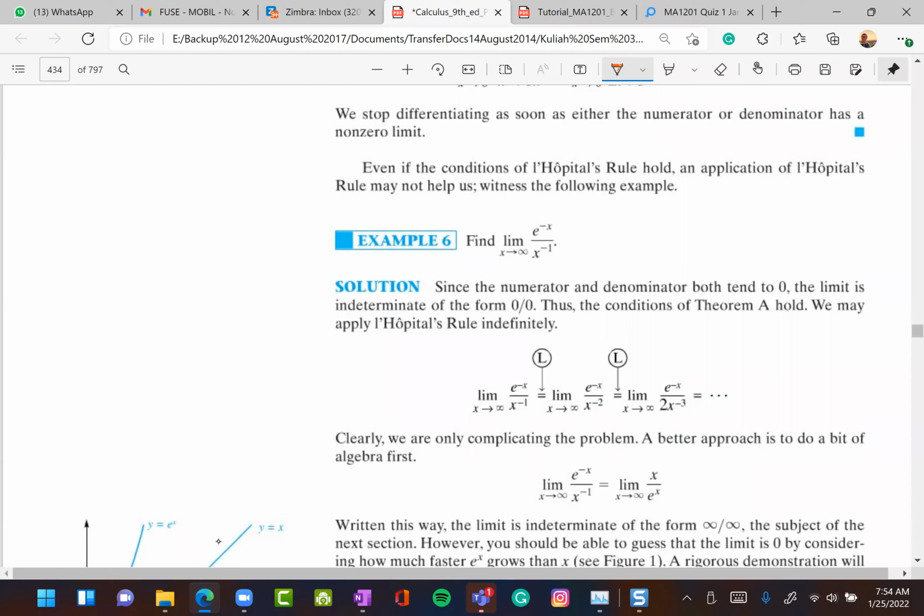All right, so if you compute, x is large. Okay, so this form is 0 over 0. So it is legal to use L'Hopital.